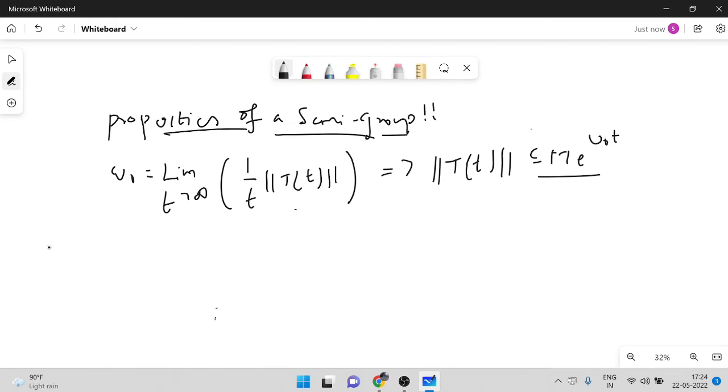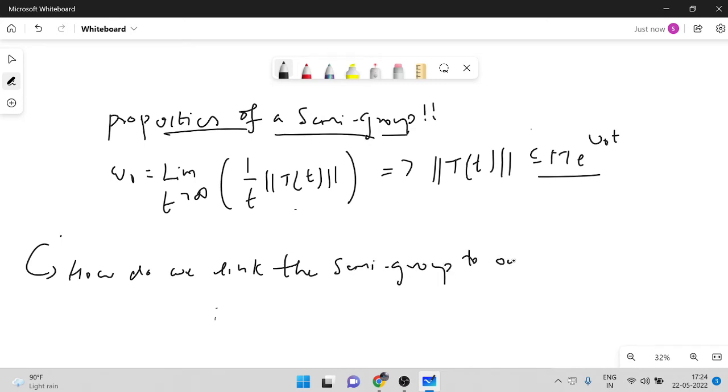So now the main question is, how do we link the semigroup to our PDE? How do we get our A operator?